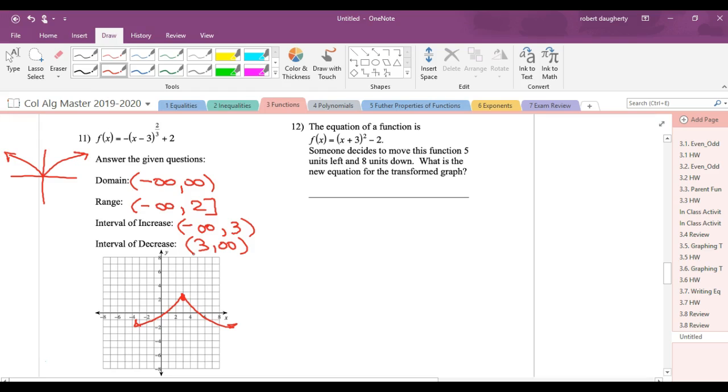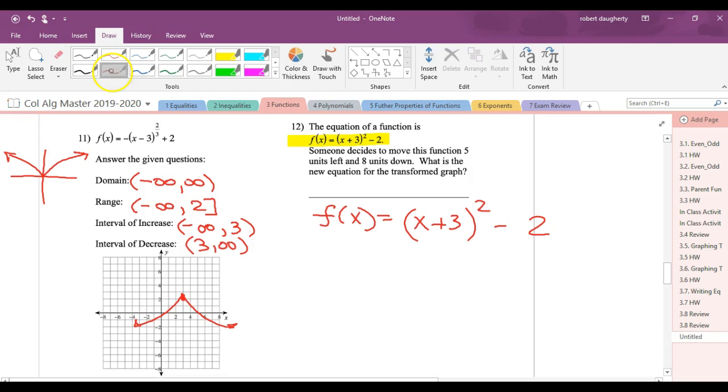And now I'm going to read you information about an equation and ask you about a transformation. What would happen if I move this function 5 to the left and 8 down? So f of x is equal to x plus 3 squared minus 2.